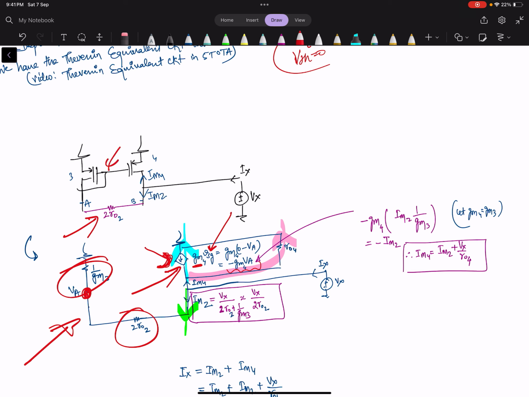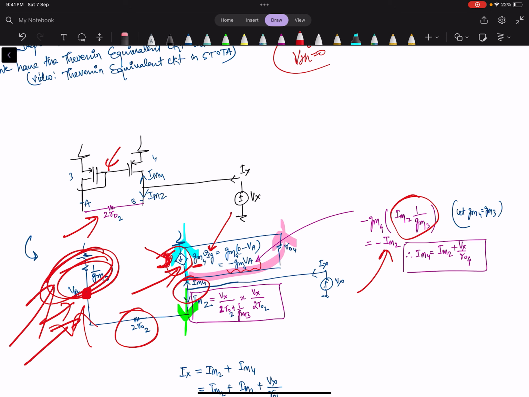So by this, if you calculate, VA is whatever current going through this and GM3. So this will be equivalent to minus IM2, and it is obvious that whatever the current going through the dependent current source, the voltage is generated through the current of this branch, so that voltage will again convert into current.